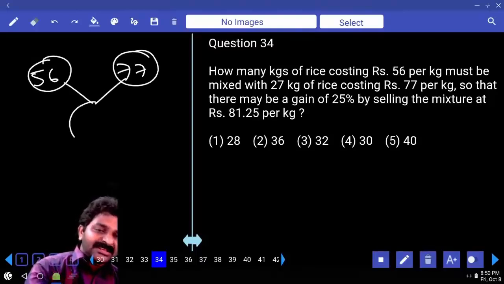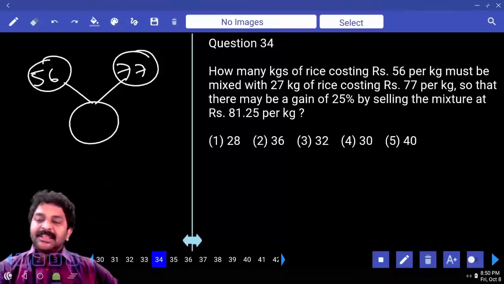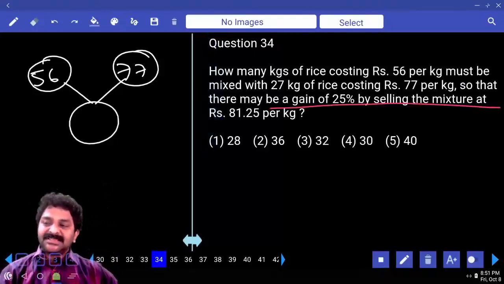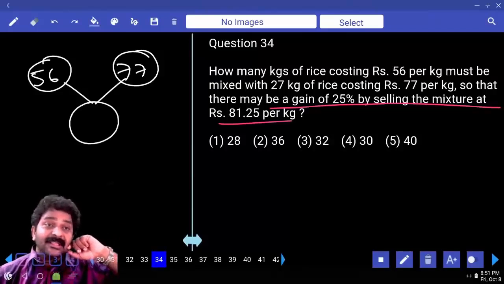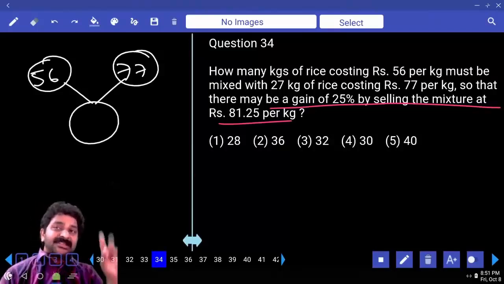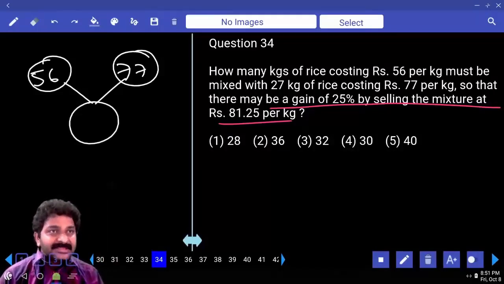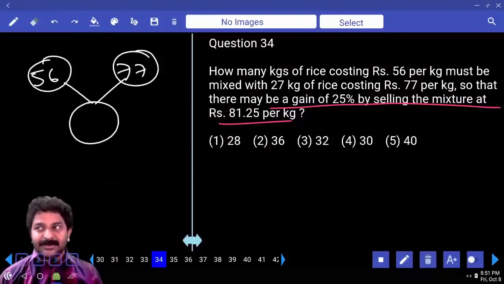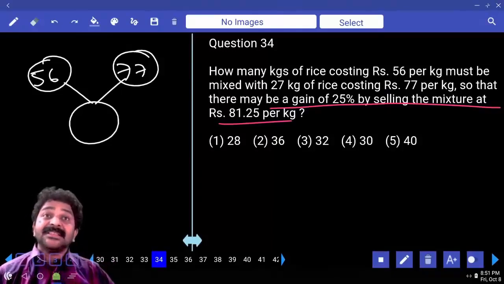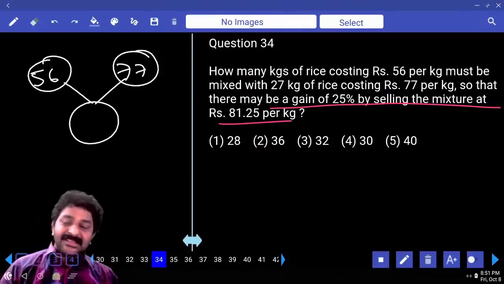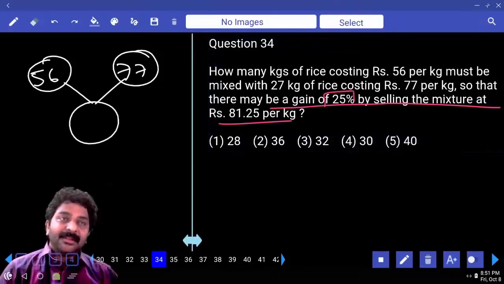Right, now it is about the mixture, so that there may be a gain of 25% by selling the mixture at 81.25 per kg. 56 and 77 both are cost prices only. So when you are taking cost prices for the first two items, for the mixture also we are supposed to take only cost price. But 81.25 is given as selling price when there is a profit of 25%.